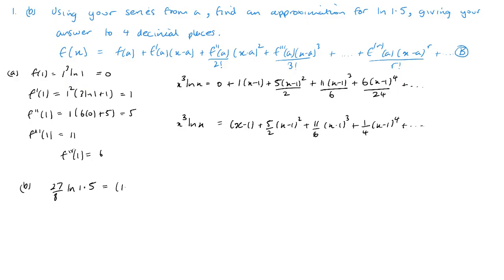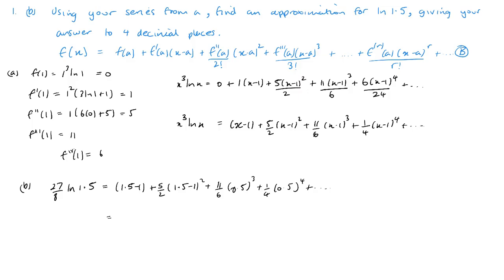And then this is going to be 1.5 minus 1, plus 5 over 2 times (1.5 minus 1) squared, plus, and I won't keep writing 1.5 minus 1 because it's just 0.5, so 0.5 cubed, plus a quarter times 0.5 to the power 4, and so on.